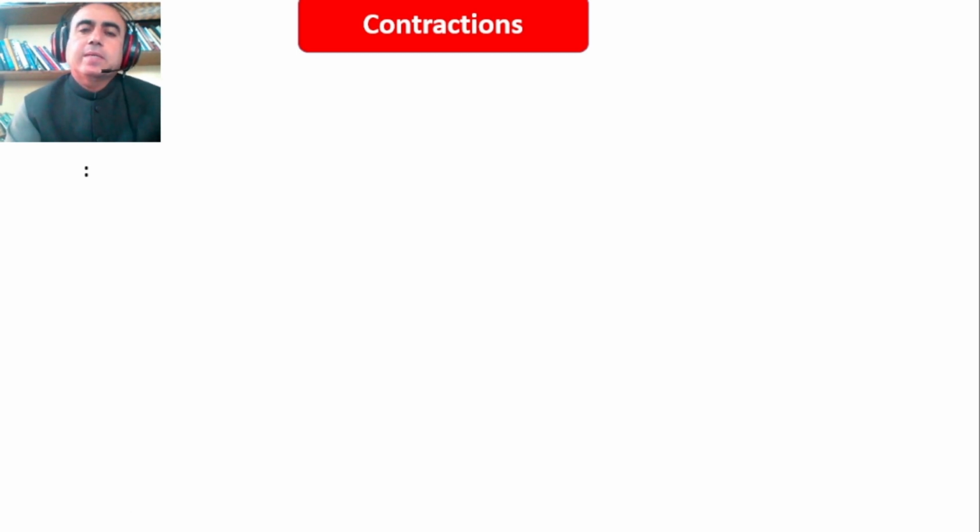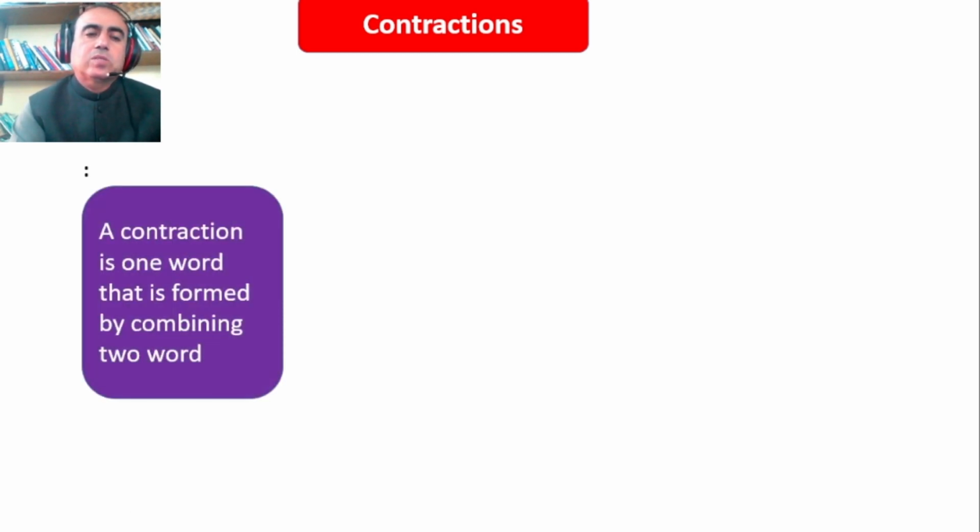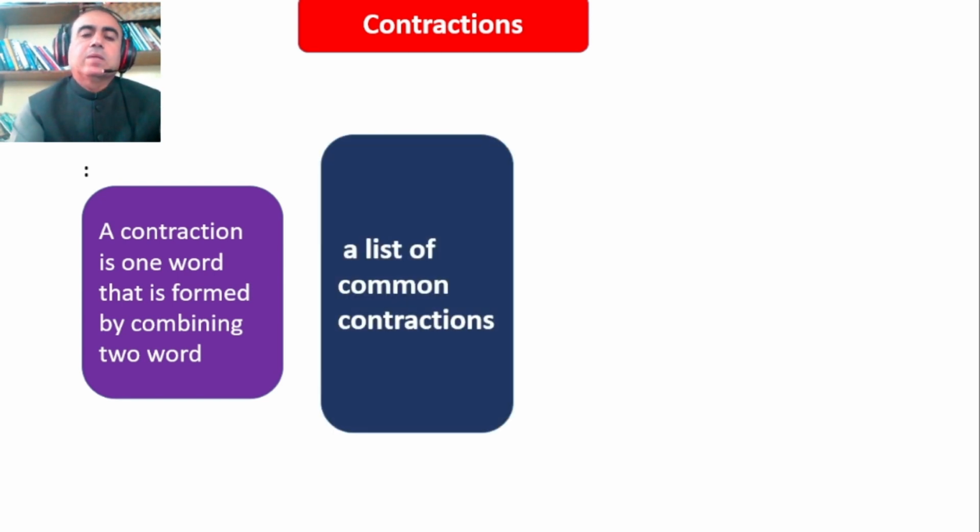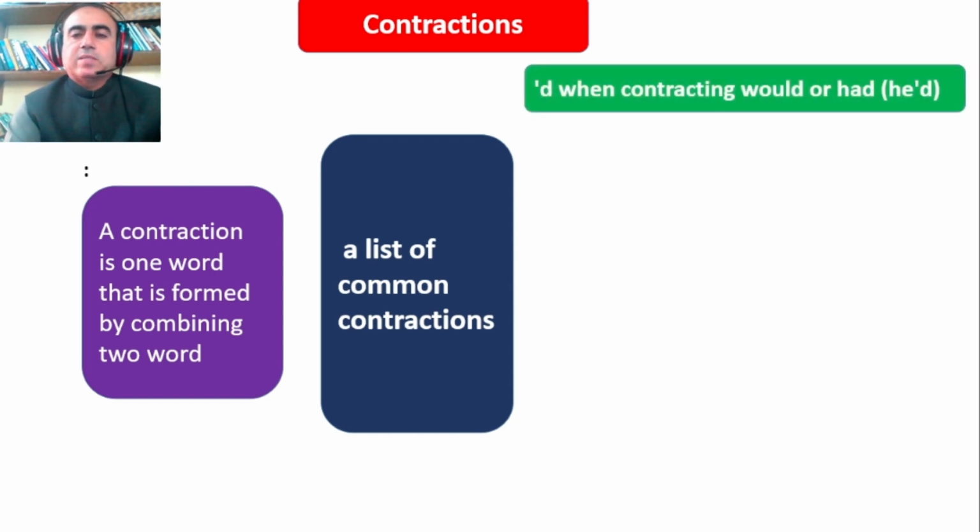In case of contractions, also we need to be careful using the sign of apostrophe. Here is a list of common contractions. Apostrophe with d means would or had. It is taken both ways.